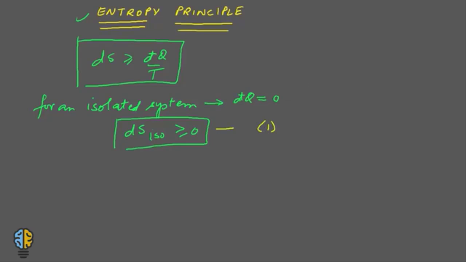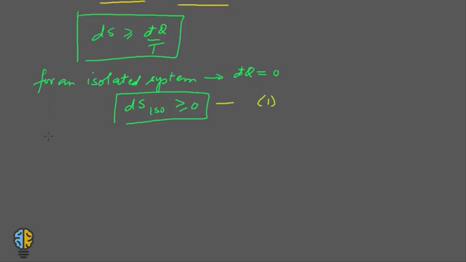Now, if you talk about a reversible process, we know that for a reversible process the entropy change is 0. This means that the entropy value is a constant value.